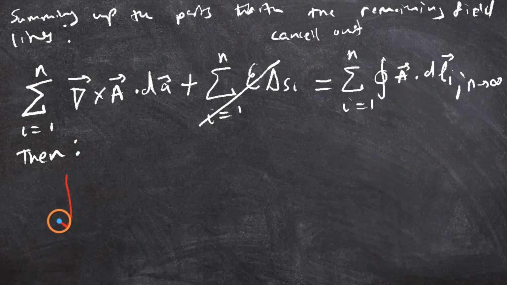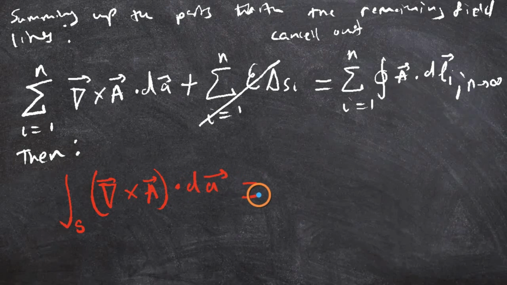So the integral over S, that particular surface, so in other words, this is going to be an area integral of nabla cross A, where A is the vector field, dot product with the area vector, is going to be equal to the last expression, the closed loop integral of A dot dl, bounded by some path.